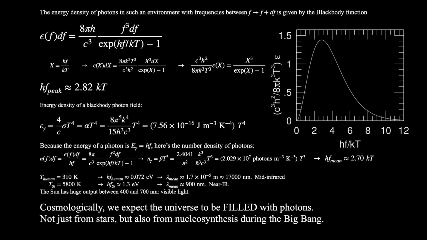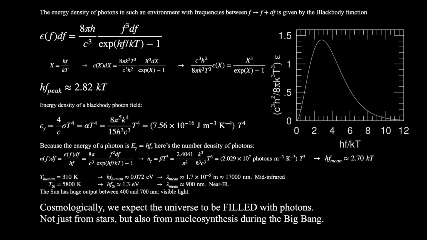The energy density of the photons in such an environment, let's look at their frequencies in a small, tiny range of, say, f up through f plus df, which df is a little tiny range. And this is given by the blackbody function that you see here. So epsilon as a function of frequency, and epsilon here is going to be in units of energy per unit volume per frequency band.